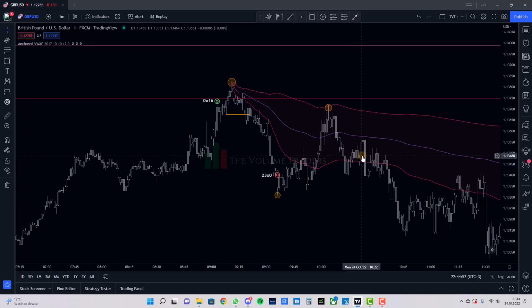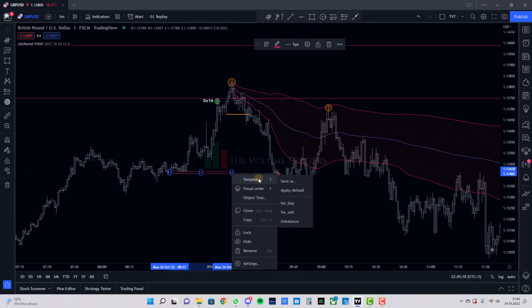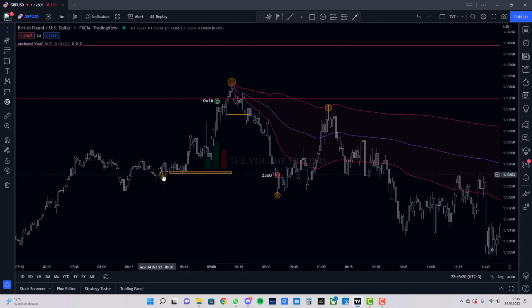So when I'm waiting for a retest, in that case I could be a bit kind of thinking if this is the correct setup, especially that previous equal lows here were already taken. Let's use the different template.